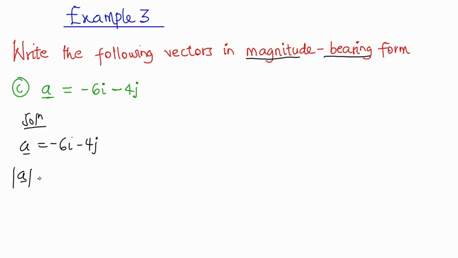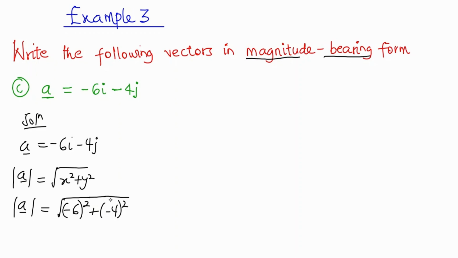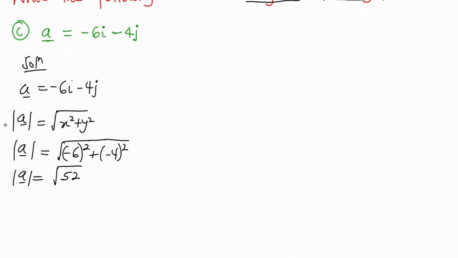First you have to find the magnitude, and that is basically equal to the square root of x squared plus y squared. So here the magnitude of A is the square root of minus 6 squared plus minus 4 squared, that is the square root of 52, which is equal to 7.2111 units. So we have the magnitude of the vector as this.